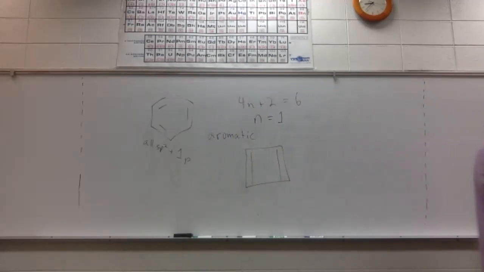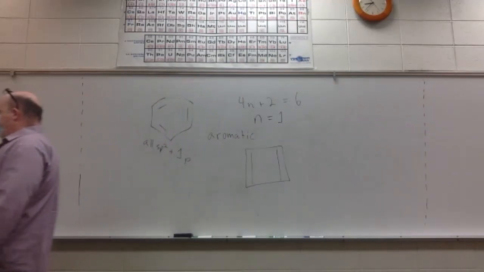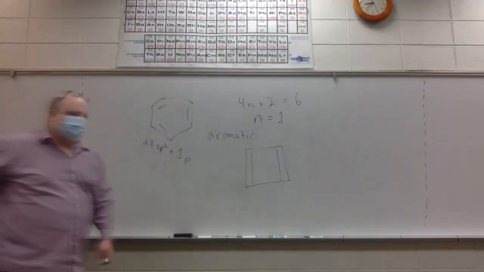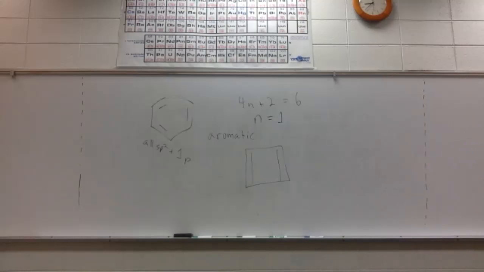There's a 4-carbon ring. Why don't you look at that one for a minute and tell me what you think. Is this one aromatic? Yay or nay? What's that? Don't think so?